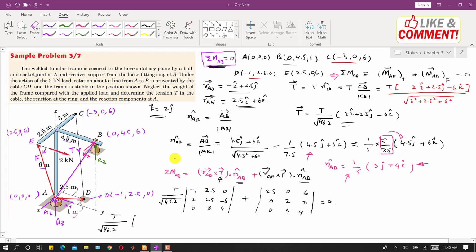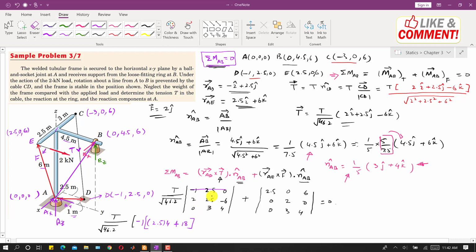And if we take the determinant of this, we need to hide this and this, right? So we will write minus 1 and 2.5 into 4, or I can write that this will be 2.5 into 4 minus, and this will be minus 18, right? So this will become plus.